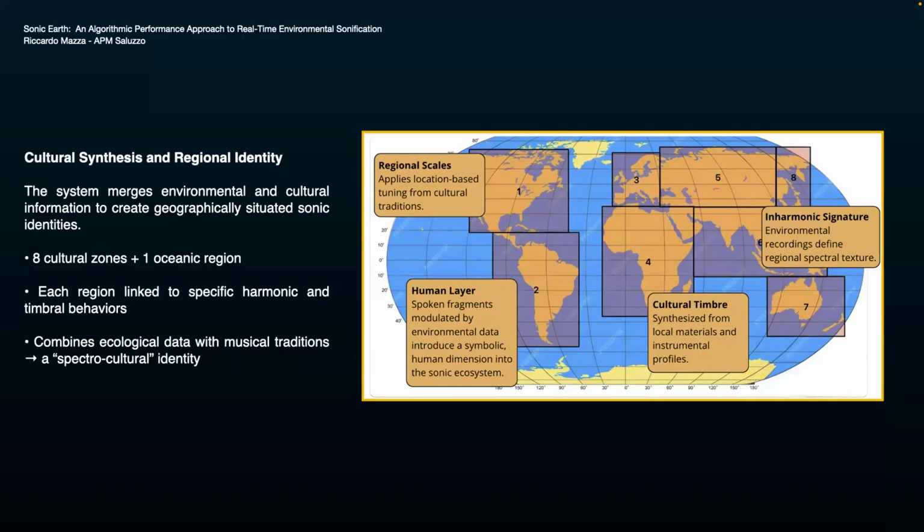We have harmonic scales different for every macro region because it's our interpretation, we live here and we developed Western scales, pentatonics, African, etc. So it's a kind of spectrocultural identity.